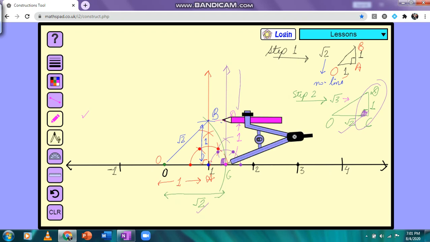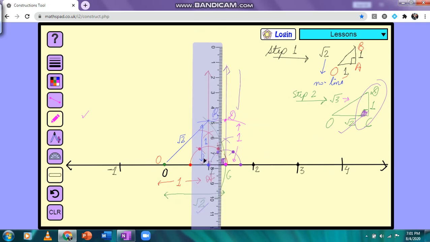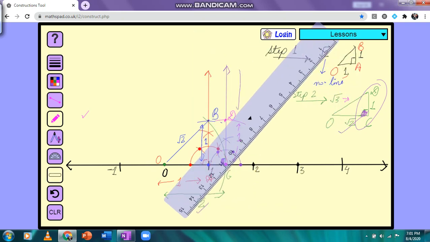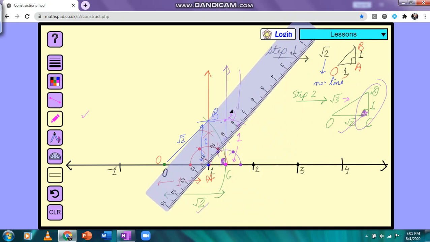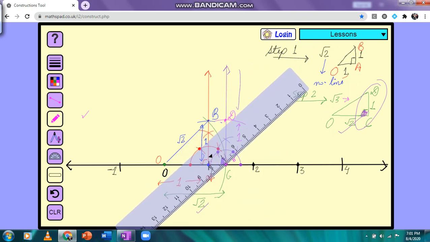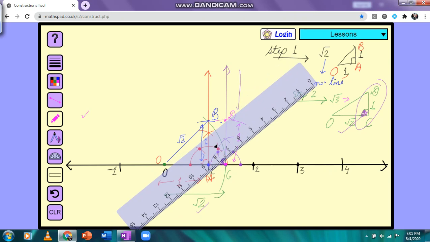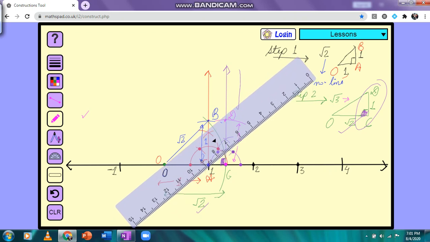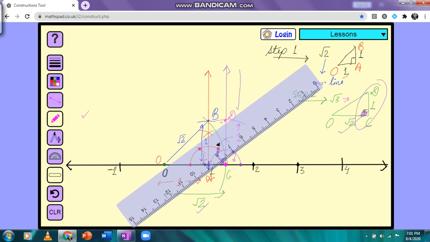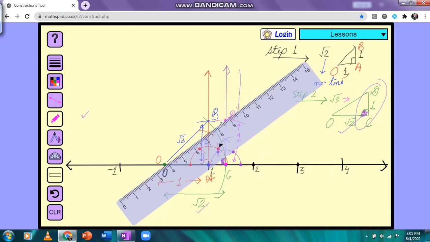So for that, I will just use the ruler. Point O with point D. And I'm going to do it in black now.